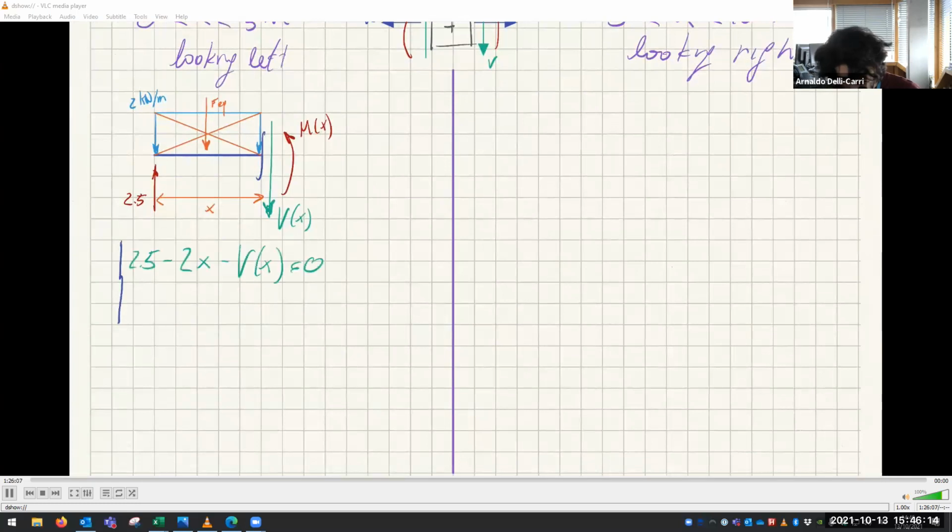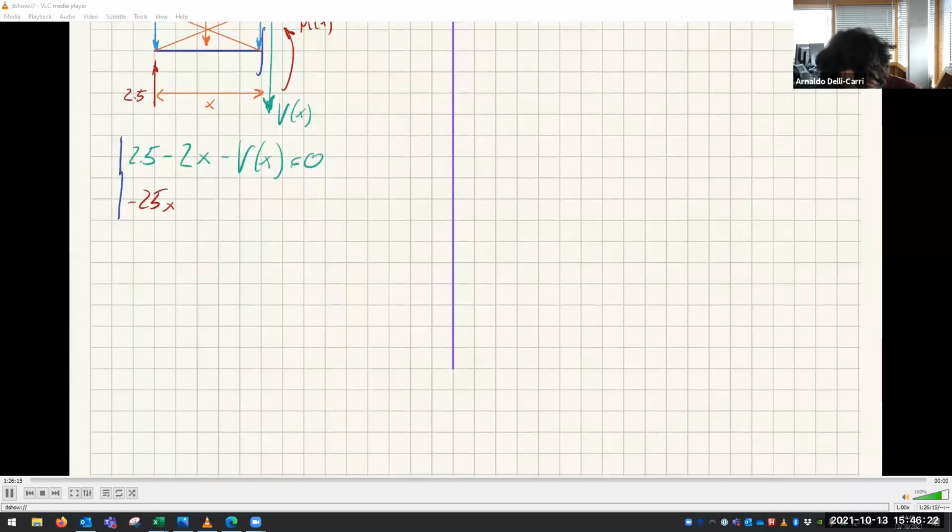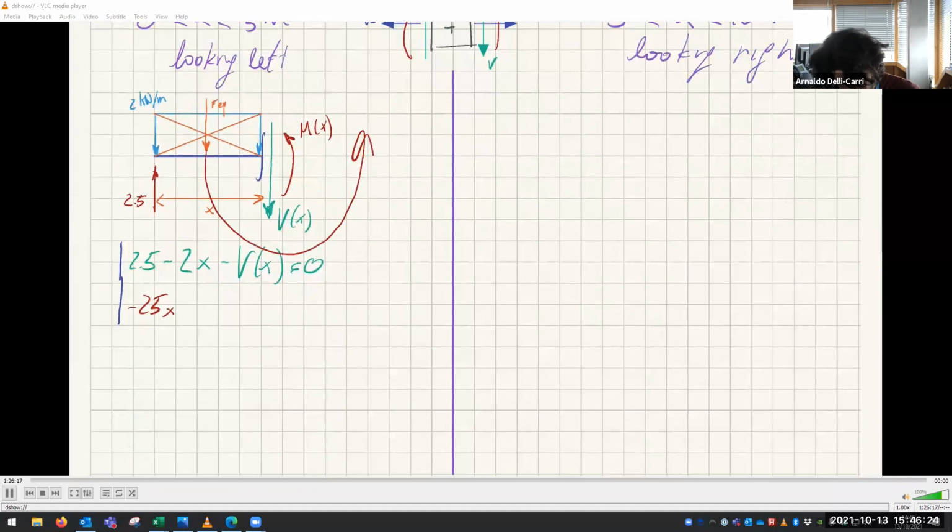And for the moment, we have minus 2.5x plus 2x times x divided by 2. Remember, this distance is x divided by 2. And then plus m of x equals 0. Yeah, that's all we have.